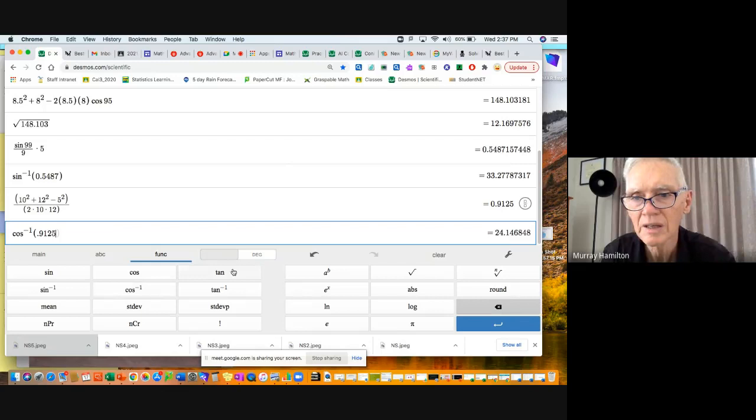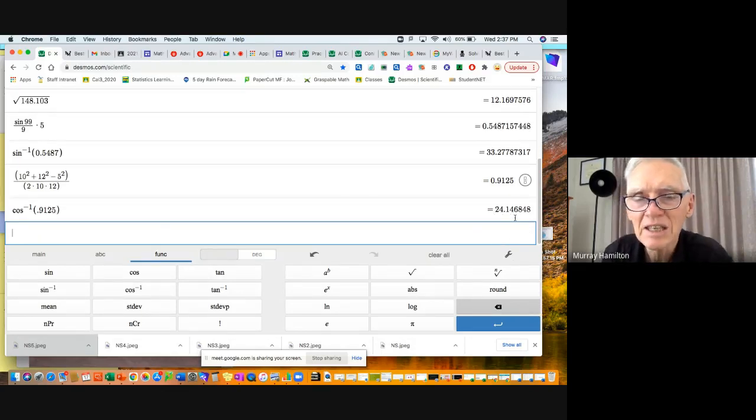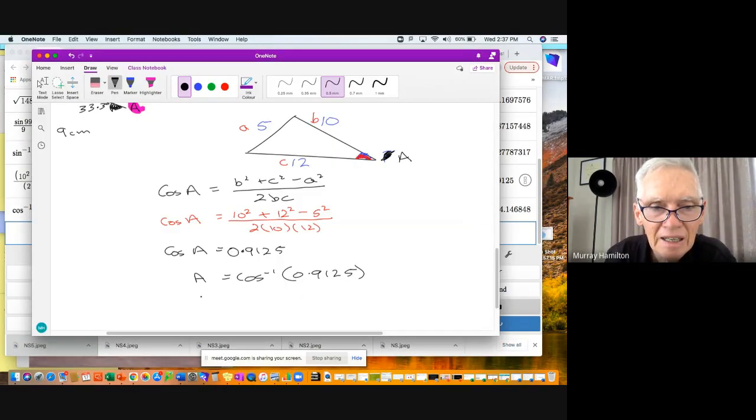There's our answer, 24.14. That's the angle. Does it make sense? Let's check it. Is that the smallest angle in the triangle? Because 24.14, just to one decimal place, that's pretty small. It must be the smallest angle in the triangle because it's opposite the smaller side.